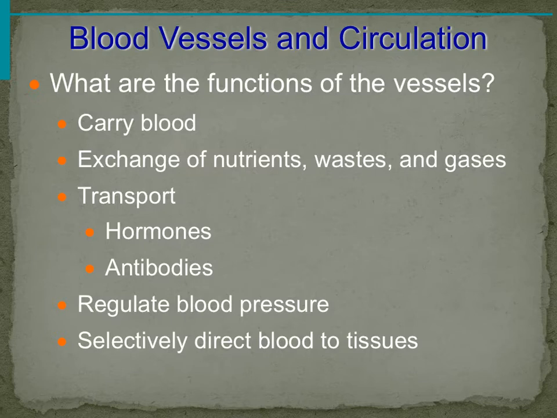Blood vessels help to regulate blood pressure by dilating or constricting, and can selectively direct more blood to certain tissues and less to others. So, for instance, if you are in sympathetic nervous system activation, fight or flight, more blood would be sent to your skeletal muscles, less to your digestive system, and then vice versa if you are in a more parasympathetic state.